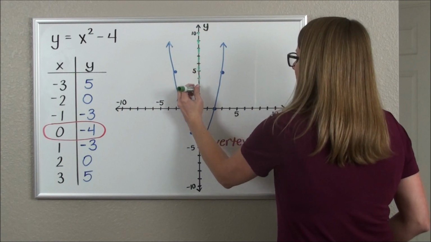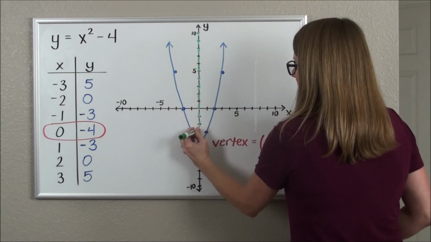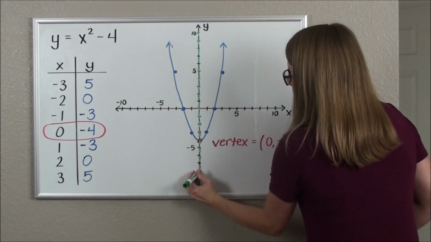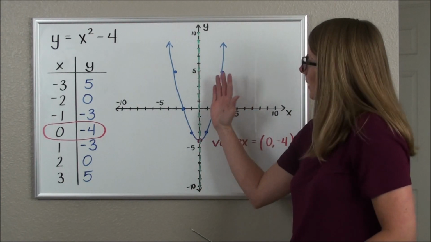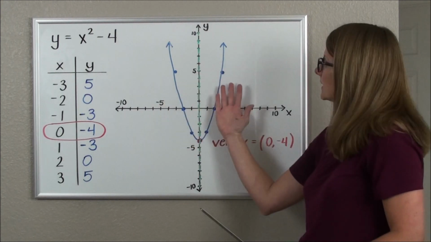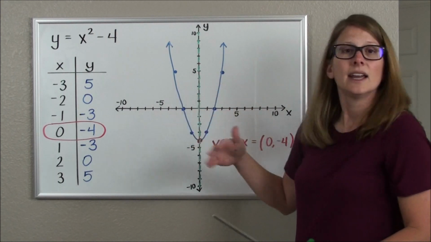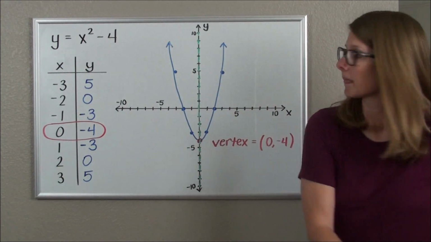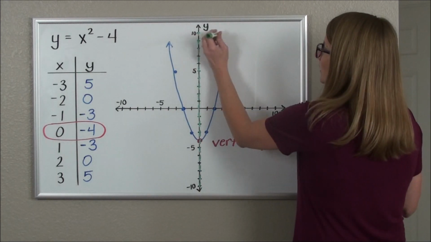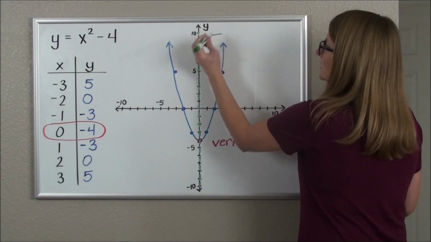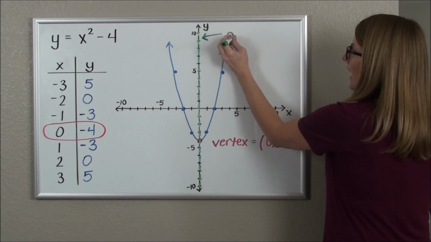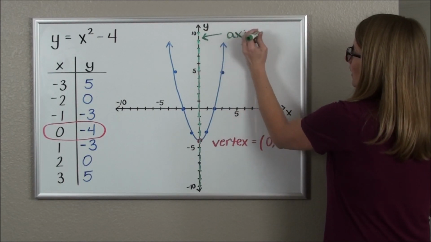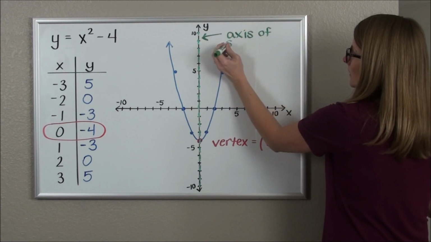If you imagine, in this case, the y-axis cutting through this picture, and if you were to take this as a piece of paper and fold it over that line, it's the same exact picture. It's a reflected image. And so this green dotted line here, it is dotted because it's not technically part of the graph, but that is called the axis of symmetry.